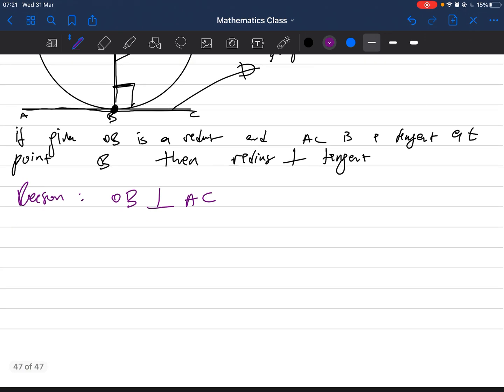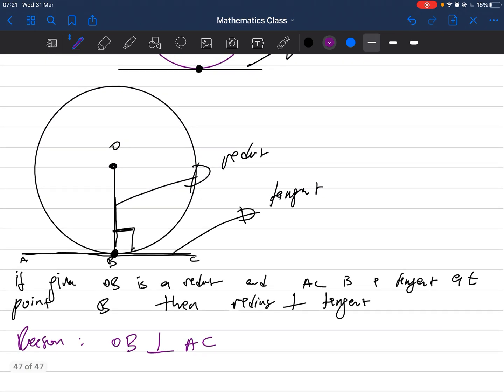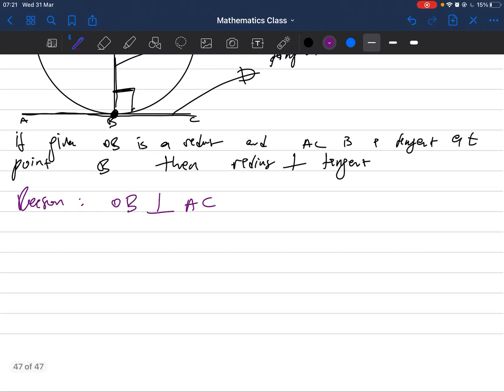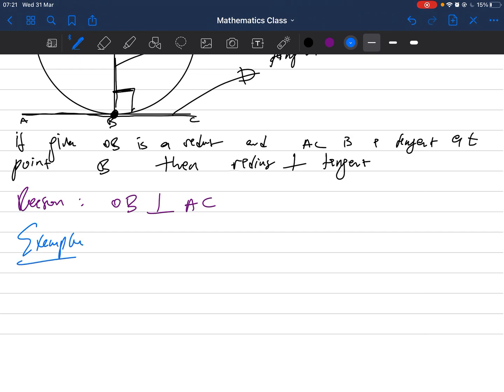So let me give an example on this. Maybe you might catch it. Probably the question will say, find x. You're given a circle, which is cool.